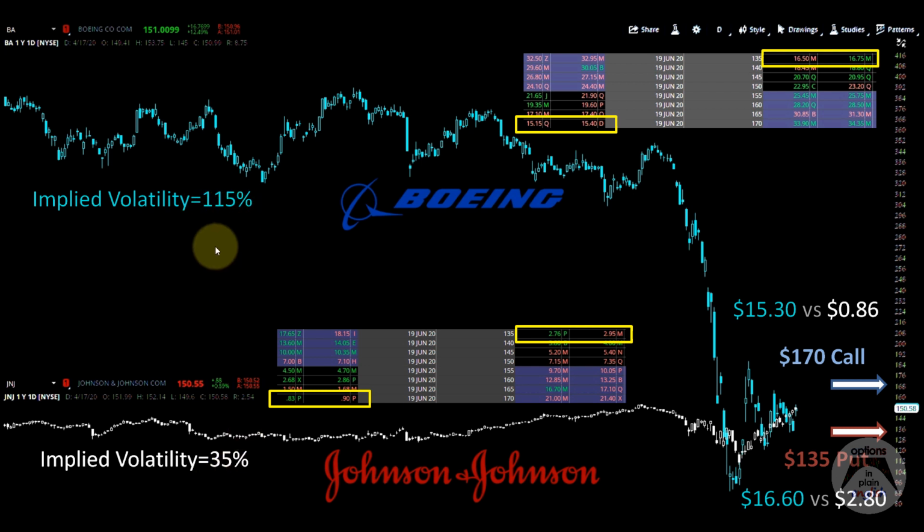Later on, we're going to see how to measure this. But for now, the important thing to understand is that more volatile underlyings are going to be more expensive in terms of option prices than underlyings that have less volatility and are more stable. That's the most important thing in this lesson.